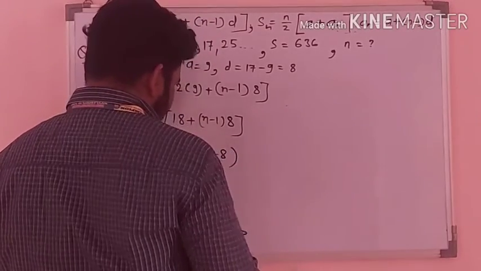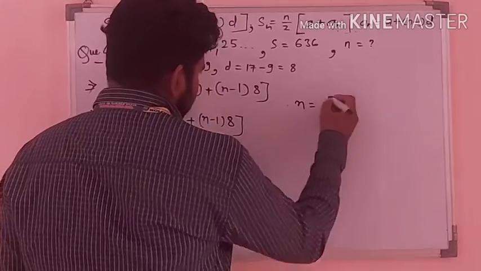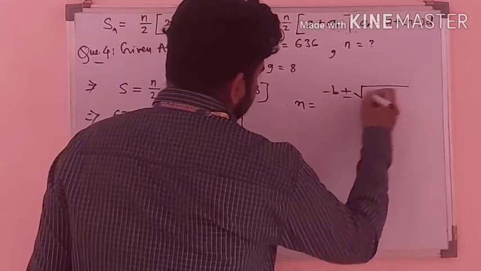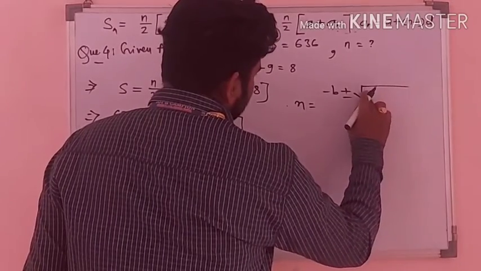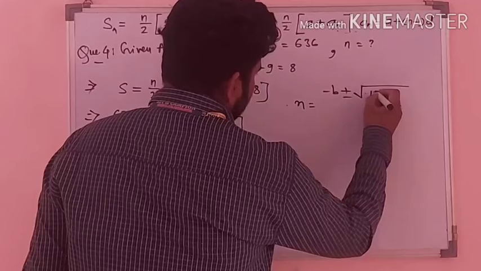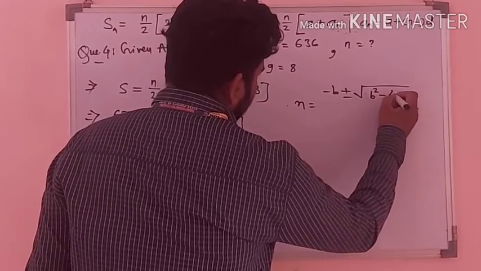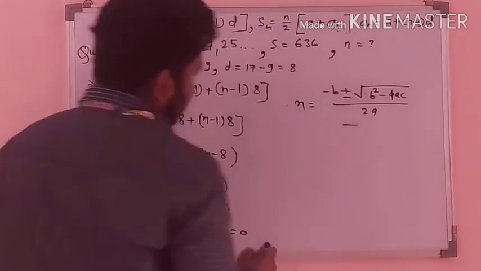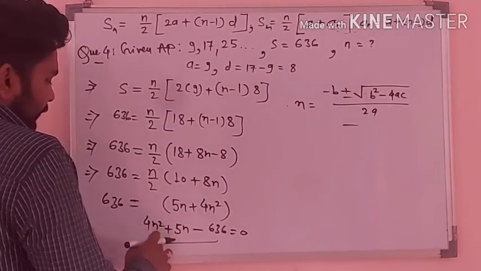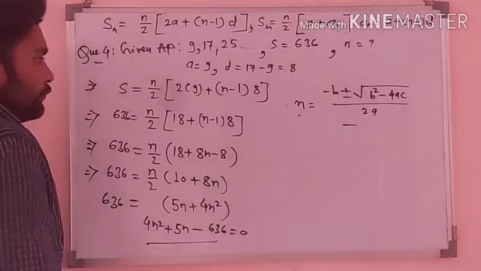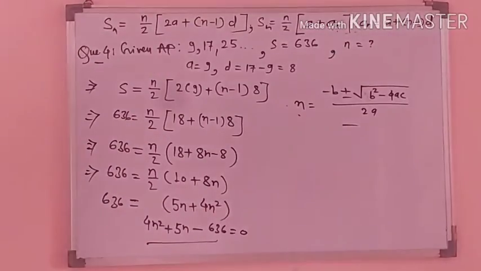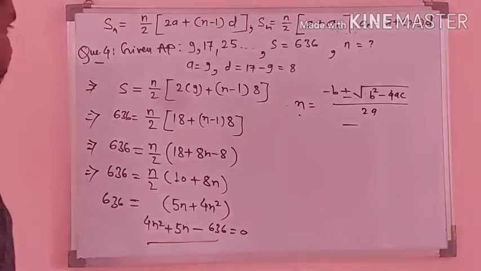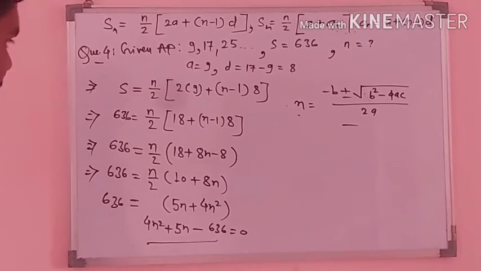Okay, here we are finding n, that means n is equals to, we can write here minus b plus minus under root b square minus 4ac divided by 2a. ओके, इसमें आप वैल्यू पुट करो एंड वी विल फाइंड आउट द वैल्यू ऑफ n. Okay, there are two values of n we are getting. One is suitable, not both are correct answers. Okay, for this AP. So this is our final answer.